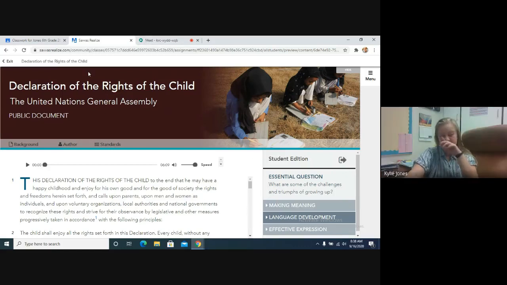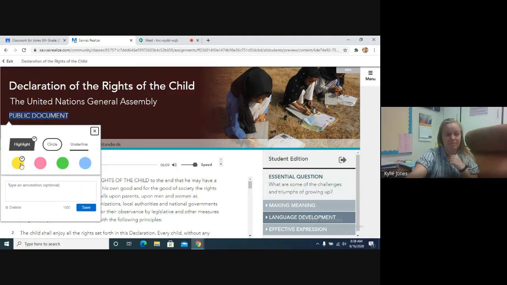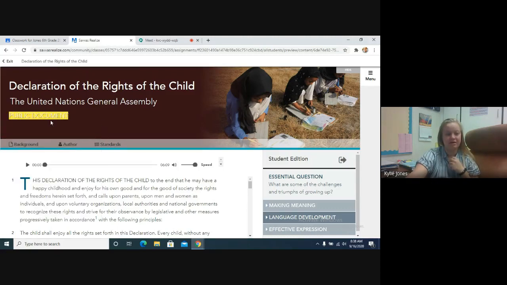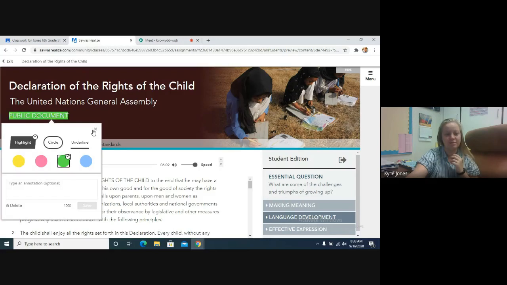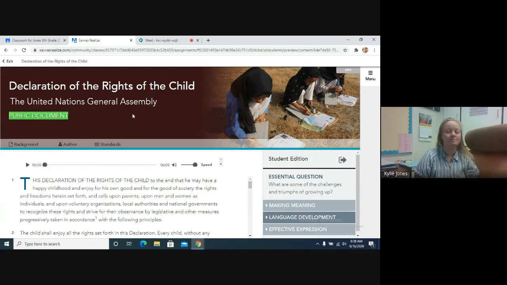So this one's not necessarily a story as much as it says right here, a public document. It's going to be like if we were to read a really formal document talking about the rights of a child, that's exactly what this is.